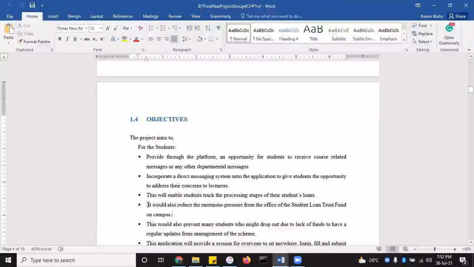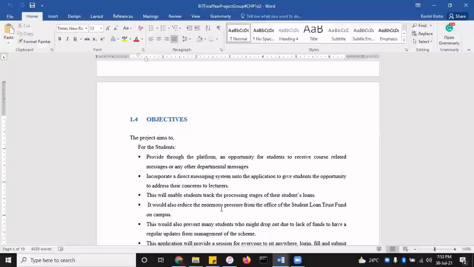The same thing applies to the other one too. It would also reduce, no, the benefits are not considered objectives. Don't tell me what a system will provide. Tell me how you're going to implement a system to provide something within objectives.